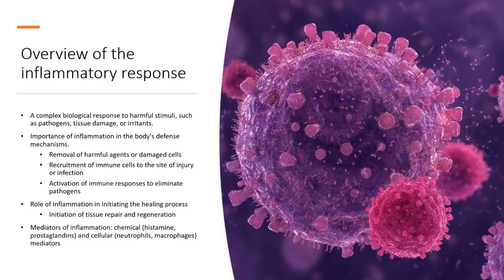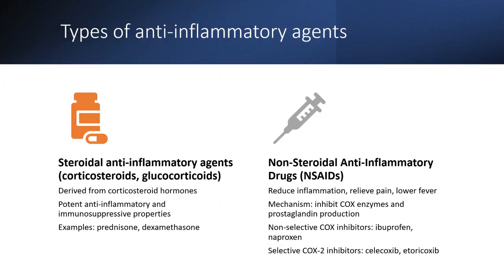tissue damage. Now that we have an understanding of the inflammatory response, let's explore the different types of anti-inflammatory agents used to manage and treat inflammation, particularly in ocular conditions. First, we have steroidal anti-inflammatory agents, commonly known as corticosteroids or glucocorticoids. These drugs are derived from corticosteroid hormones produced by the adrenal glands.